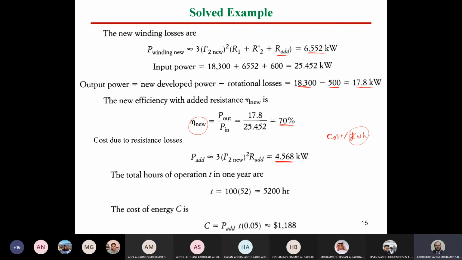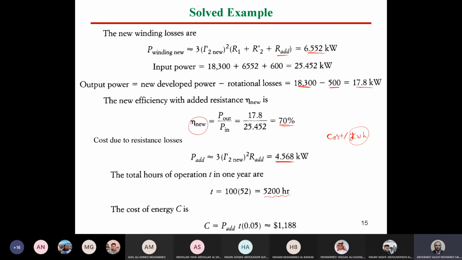What is the time now? The total hours that we are going to use, which is T for 1 year. It's stated that it's 100 hours per week, and we have 52 weeks per year. So the total number of hours will be 5,200 hours. So this is now the time.